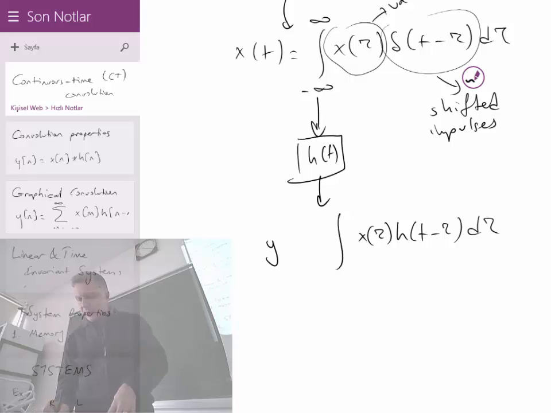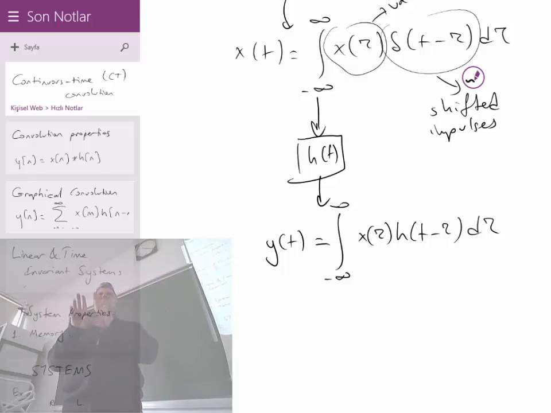And the result will be y of t, from minus infinity to infinity, of course. So this is the convolution you can think of. But since the impulse is not very physical, like in the discrete case, I cannot think of separate or individual impulses and separate or individual impulse responses.